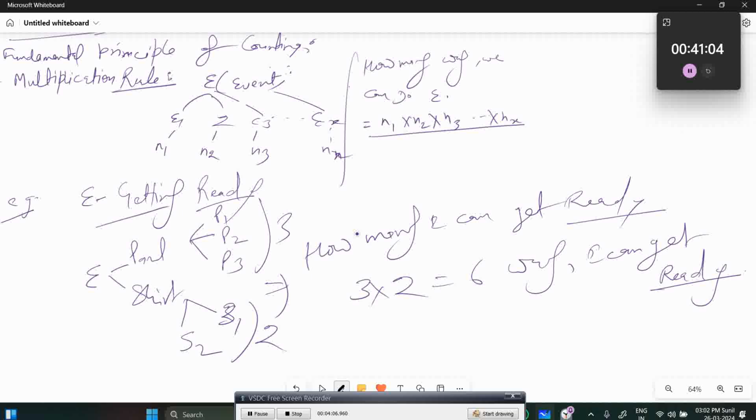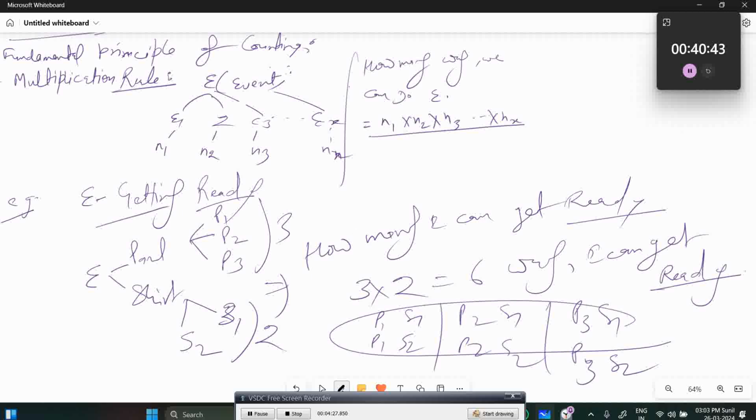For example, P1 with shirt 1, P1 with shirt 2, that is 2 ways. P2 with shirt 1, P2 with shirt 2, P3 with shirt 1, P3 with shirt 2. These 6 ways are there. So we can count using the multiplication rule.